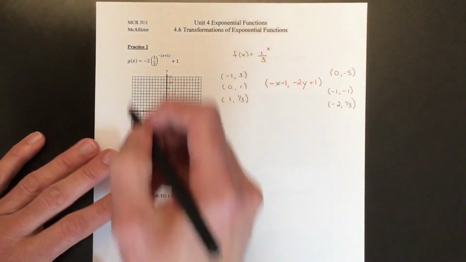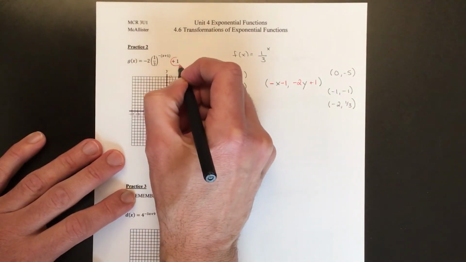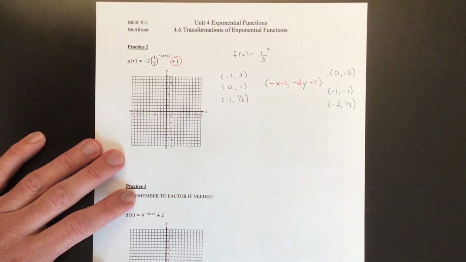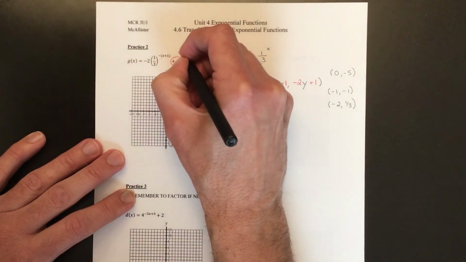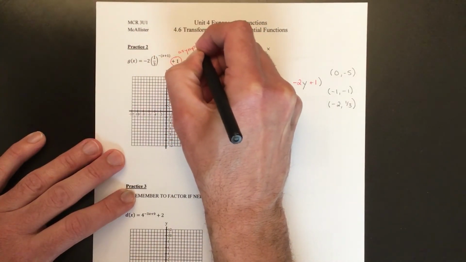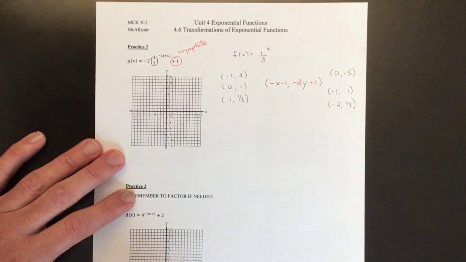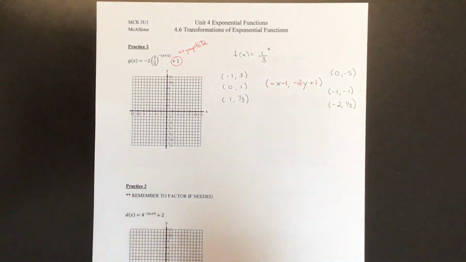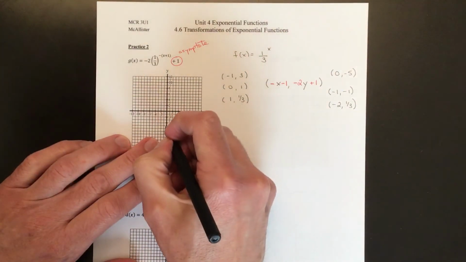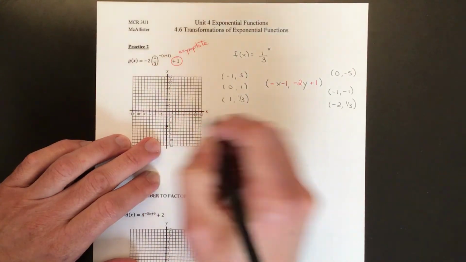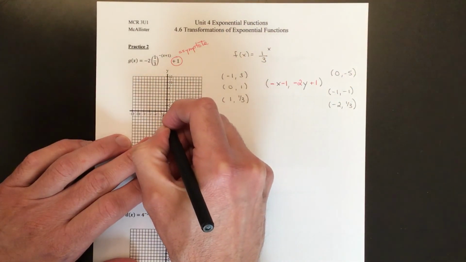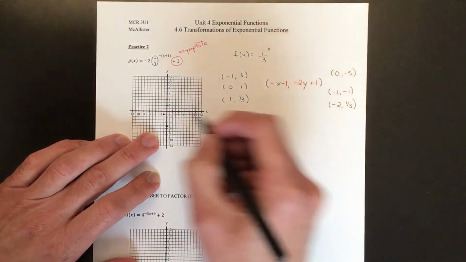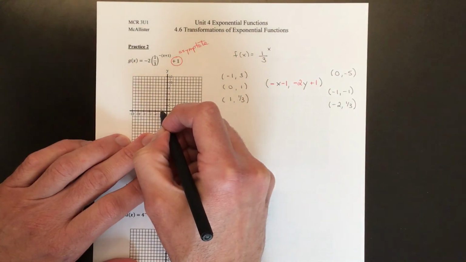Before we do, last number, right, our c value, asymptote. And if you want to write that in before you plot your points or after, it doesn't matter. So 0, -5, -1, -1, -2, and then +1/3.